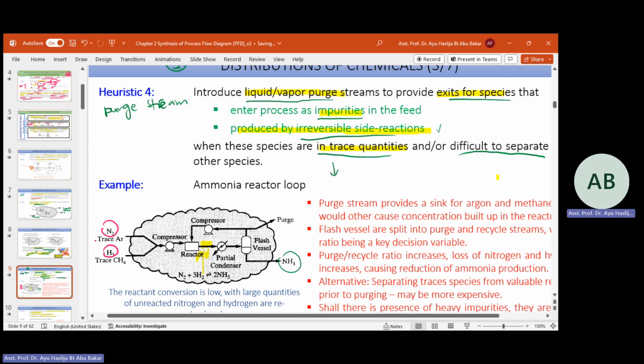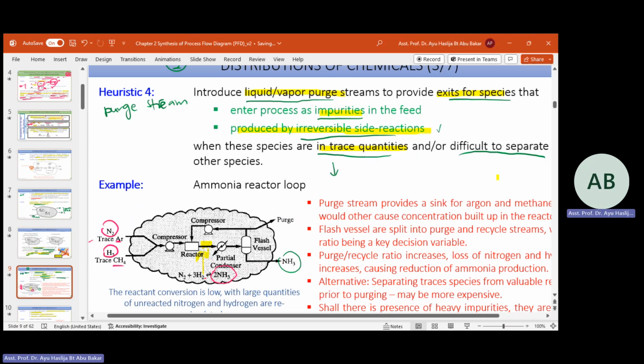Now, in the N2, it has some trace of Ar. What is Ar? Argon. Okay, argon. And then in the H2 stream, you have trace of methane. Trace means just a small amount, small percentage. So the stream is not pure. Now it goes into the reactor, produces the main reaction, NH3. Now remember we have trace of argon and CH4, which is not reacting.